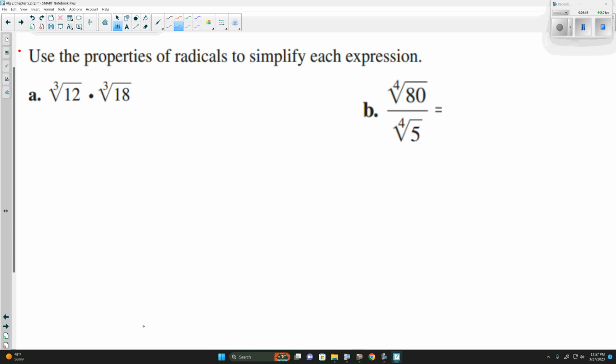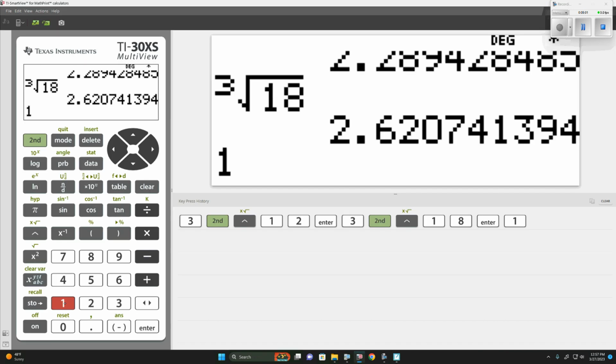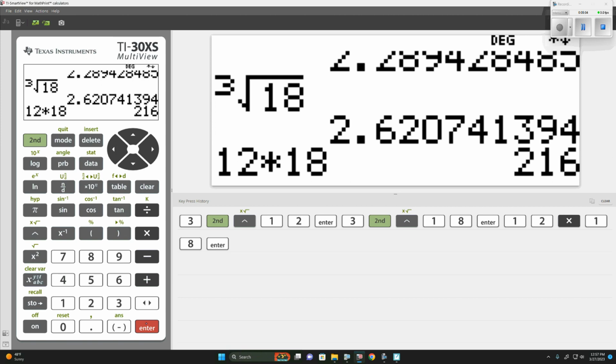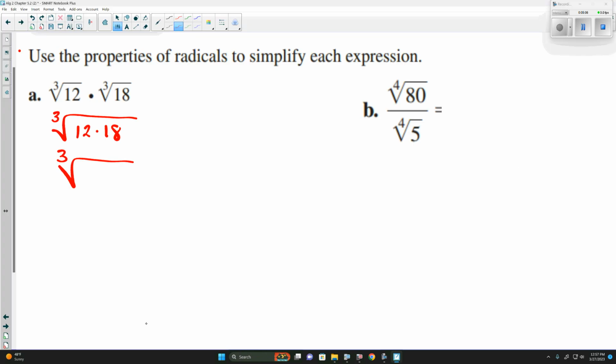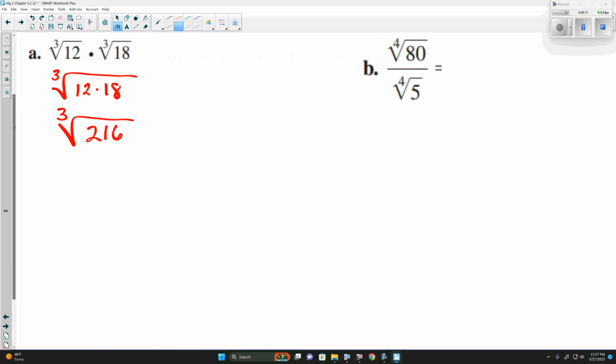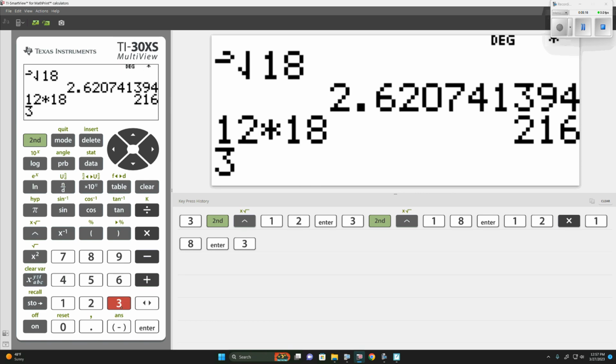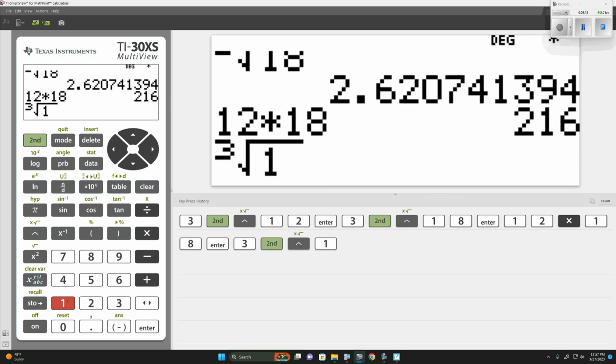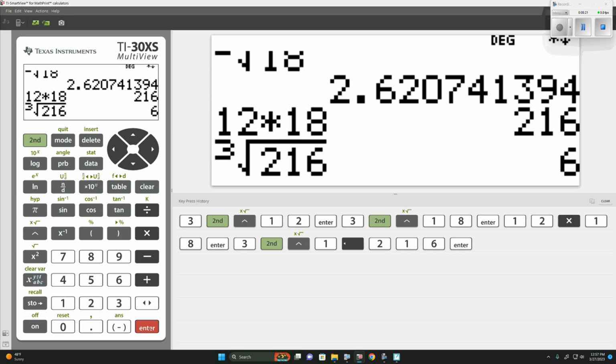But if we multiply them together, the cubed root of 12 times 18, so we do 12 times 18 in the calculator. 216. Now at this point here, we can try taking the cubed root of 216 in the calculator. If it gives us a nice number, that's our answer. If it doesn't, we have to do a little more work. So here it's 6.